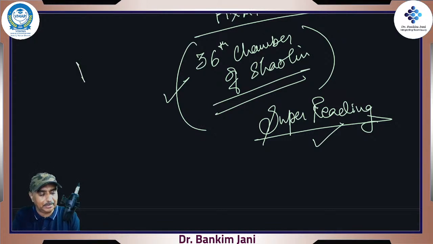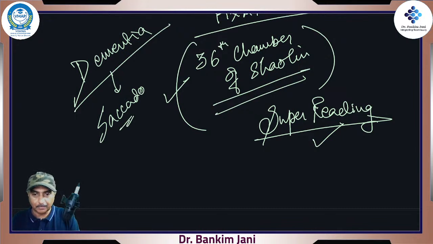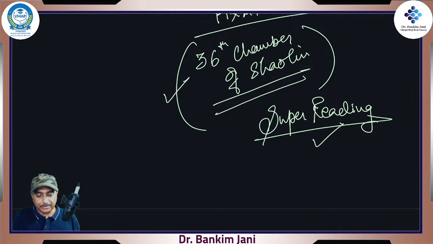Someone has come with a case of, say, dementia, memory loss, right? You observe whether there is any saccade, because it is related. So that's the importance of this.